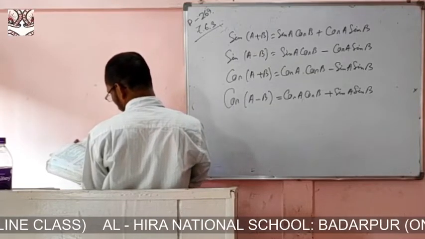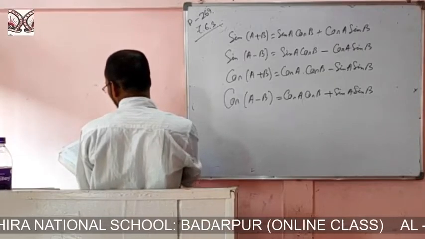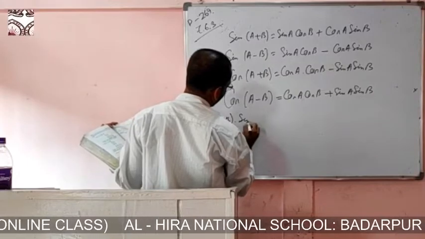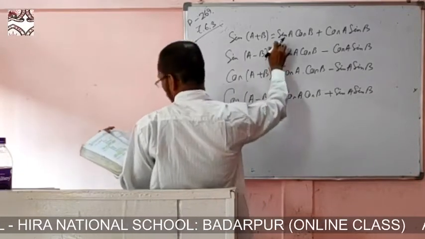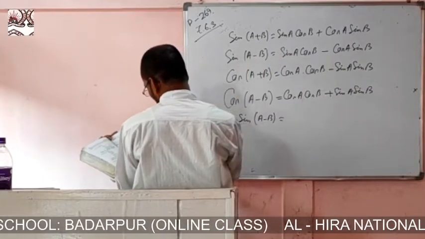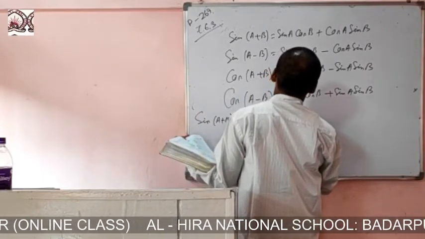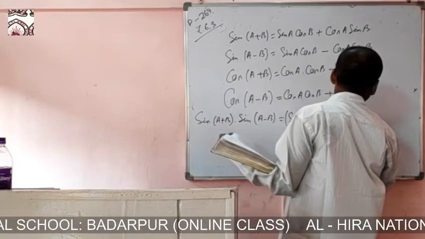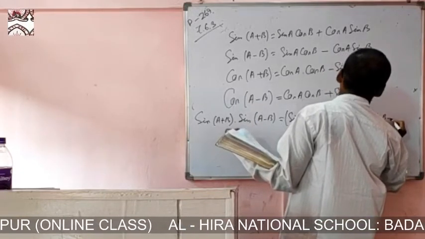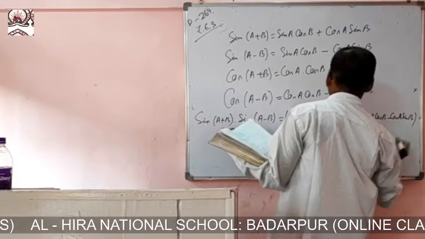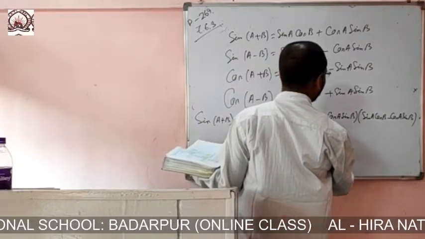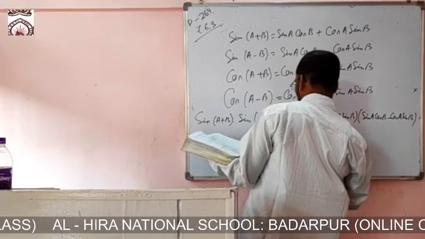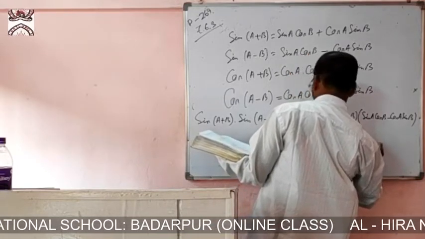You may do all of this. Take sin A plus B into sin A minus B. That will be sin A cos B plus cos A sin B, and sin A cos B minus cos A sin B. If we multiply, then we get sin square A cos square B minus cos square A sin square B.